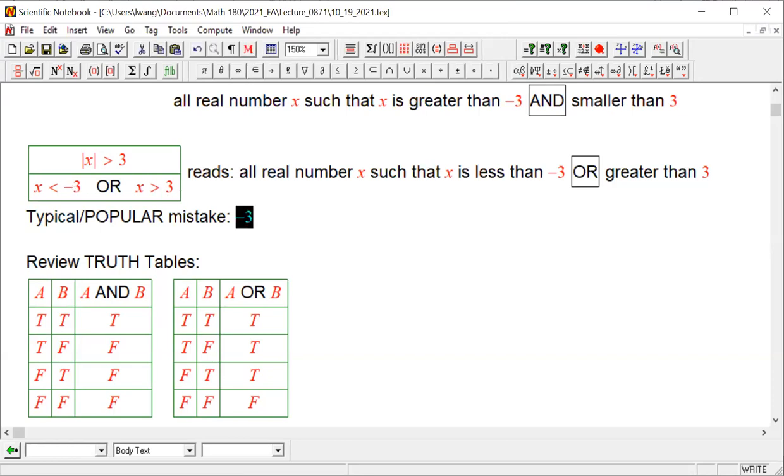Because they just combine them. They like this choo-choo train kind of form. So they will say, okay, x is less than -3, so they will write it less than -3. Right? That's x and less than -3. And they will also write greater than 3 this way. You cannot write it this way if it's in an or relationship. You guys follow me?